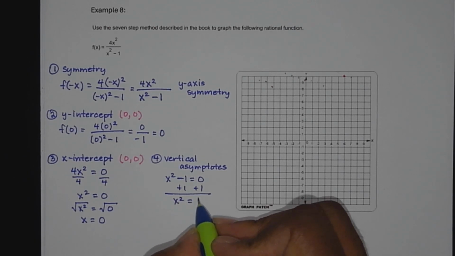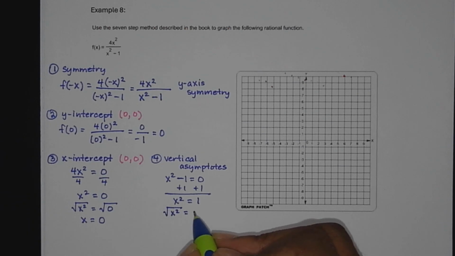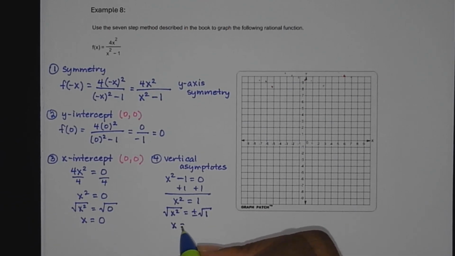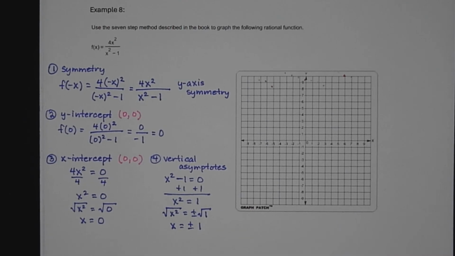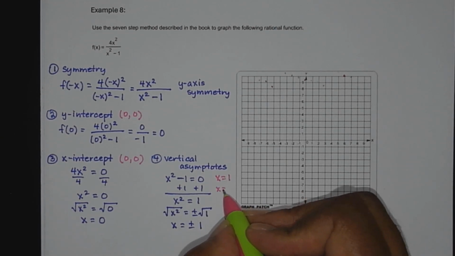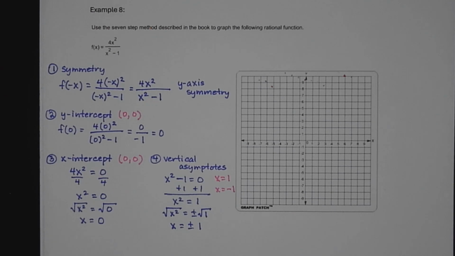So x squared is equal to positive 1. If I take the square root on both sides and include that plus or minus symbol, that means x is equal to plus or minus 1. So that means I have 2 vertical asymptotes in this case. One would be x equals 1, and the other one would be x equals negative 1. So those are my 2 vertical asymptotes here.